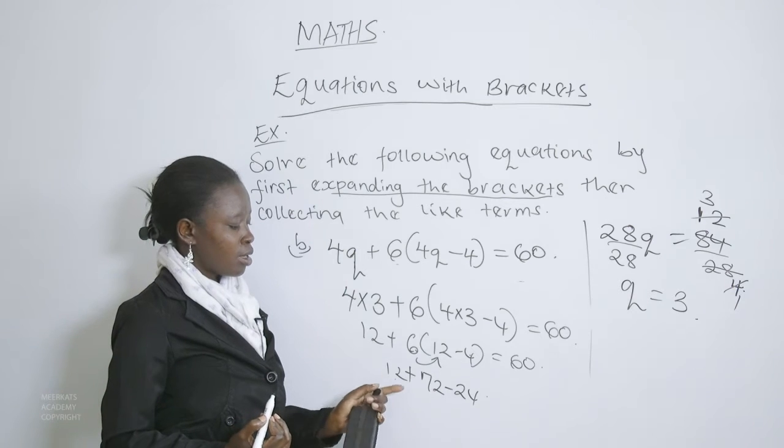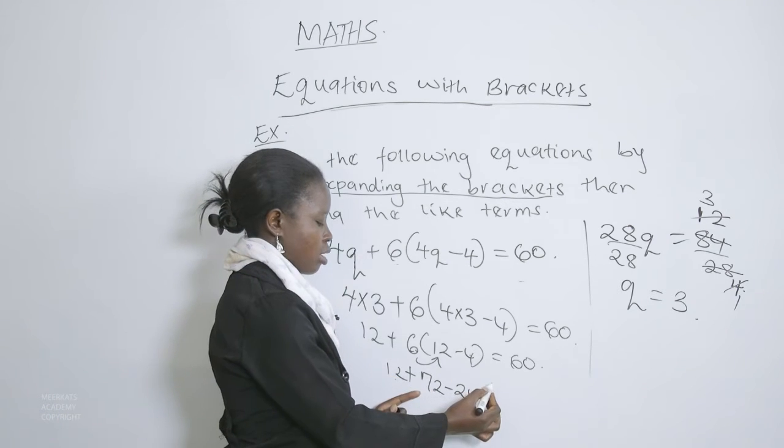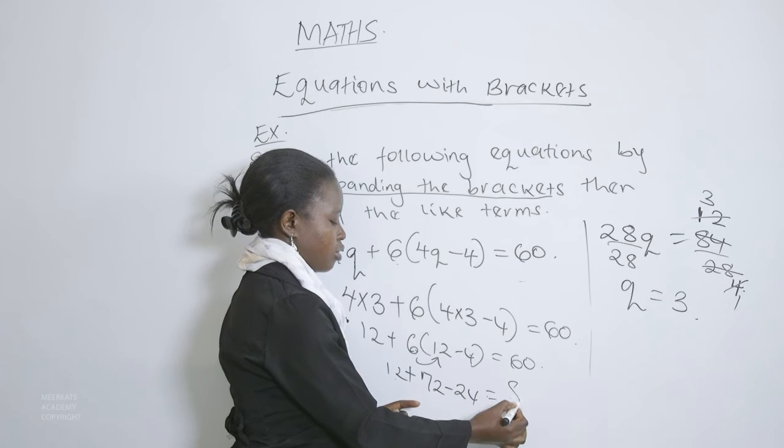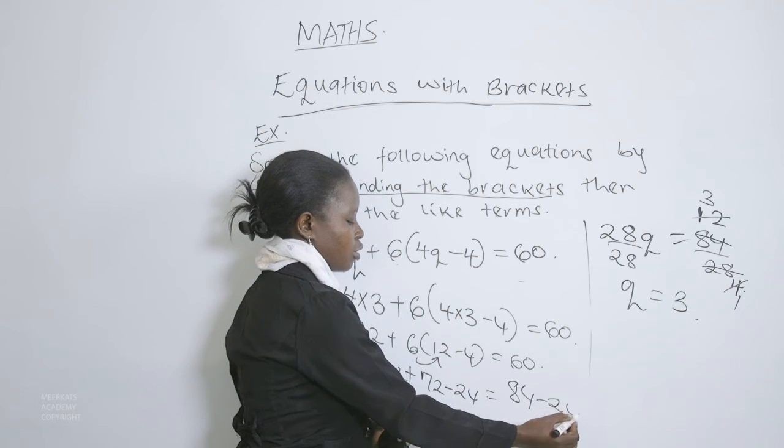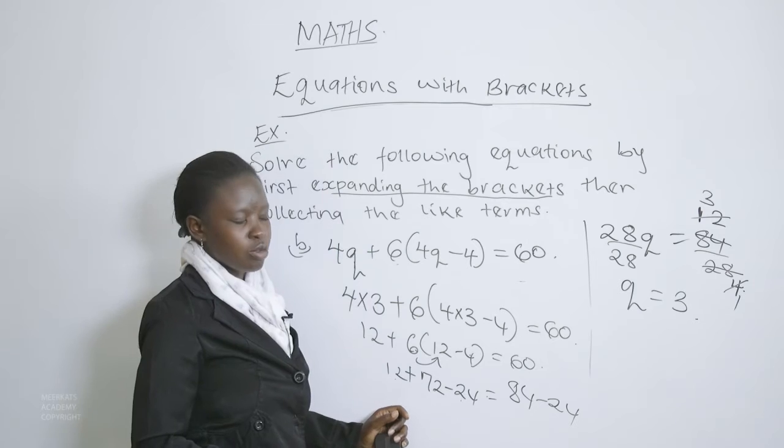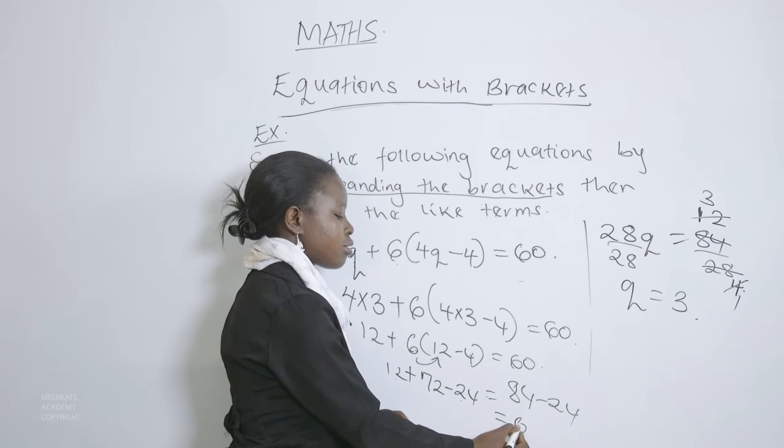72 plus 12 is 84 minus 24. 84 minus 24 will give us 60.